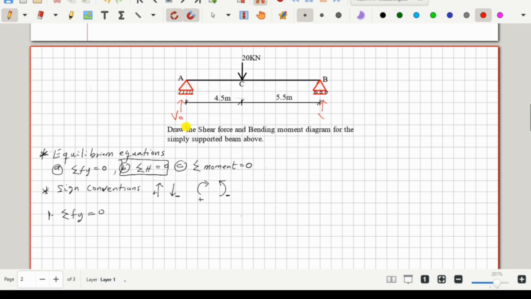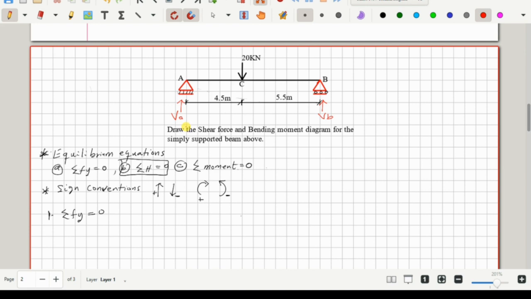And let's call that VB. And then at C, we have a point load with magnitude 20 kilonewton. Right. So what the first condition is saying is when you sum the vertical reactions at A and B, so VA plus VB, it should be equal to 20 kilonewton. And in that case, that means the structure is stable vertically, or all the vertical forces are in a state of equilibrium.